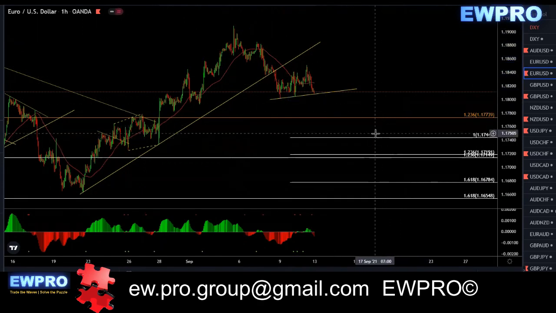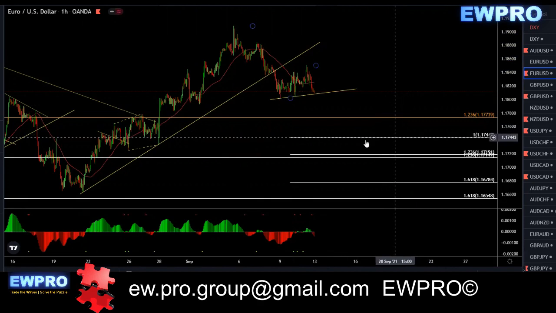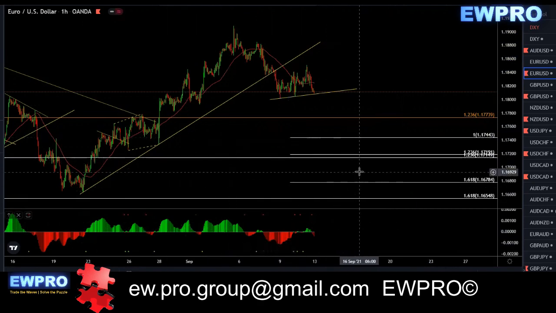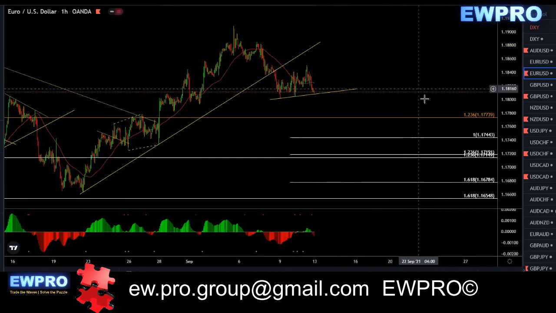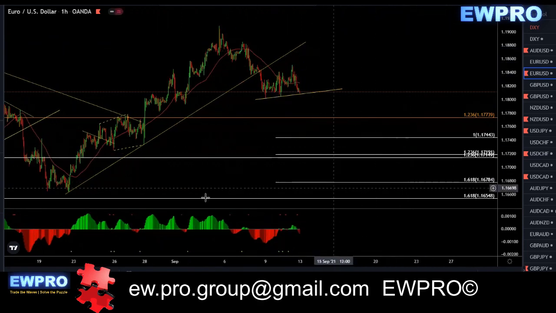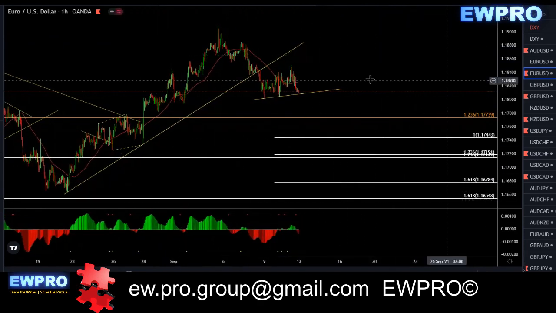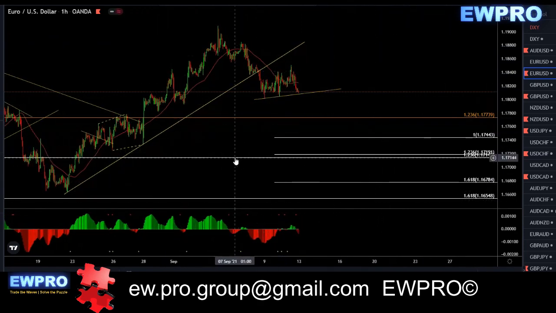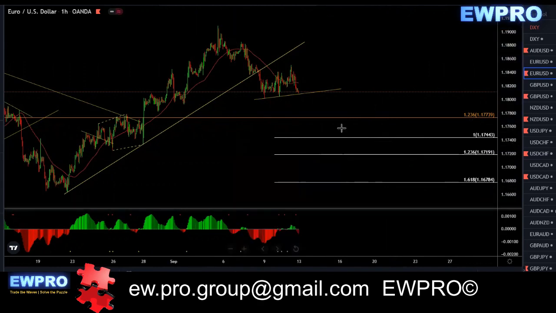At least down to here, you want to be careful once price action gets down to this 100 pip. Does it give the bullish divergence and give you a buy setup, or does it continue down and break the low? But yeah, remove that one.